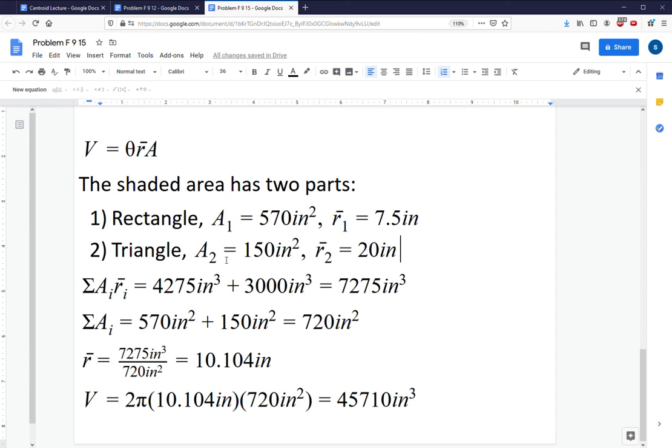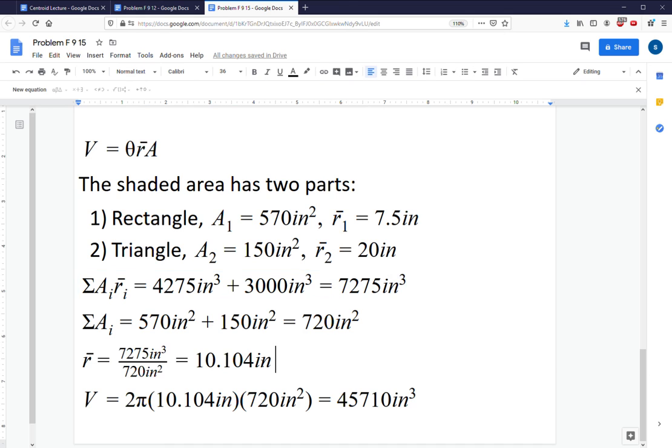We then find the weighted area: 570 square inches times 7.5 inches is 4,275 cubic inches. 150 square inches times 20 inches is 3,000 cubic inches. So the total weighted area is 7,275 cubic inches. We can find the total area by adding these two areas and get 720 square inches.